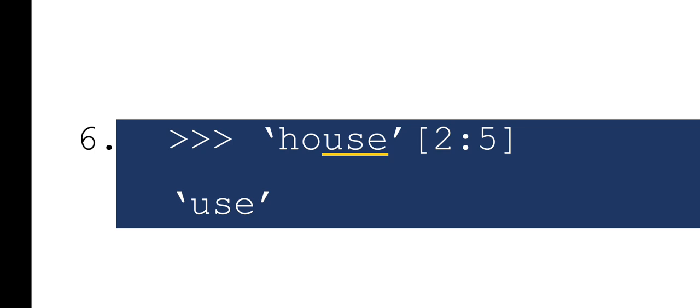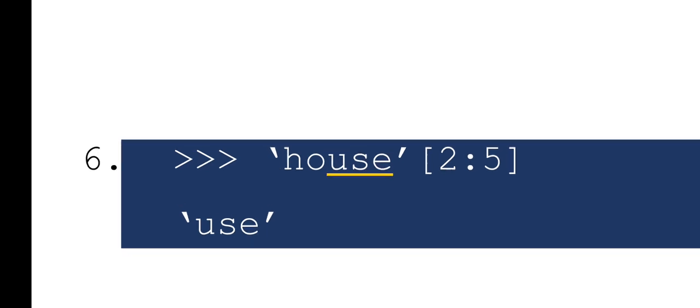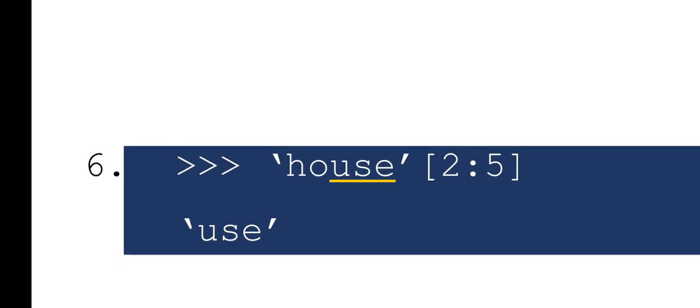So the return value, or the output, is USE, because U is the character at index 2, S is at index 3, and E is at index 4, because 5 minus 1 is 4.